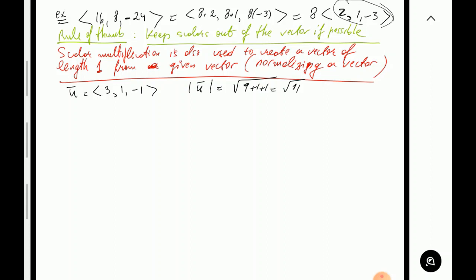So what if I want a vector of length 1 in the direction of u?